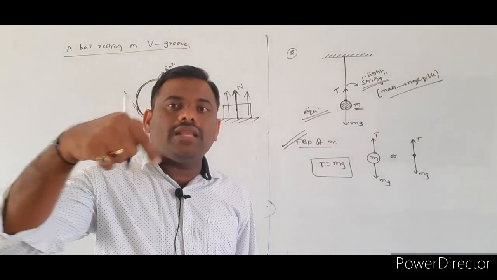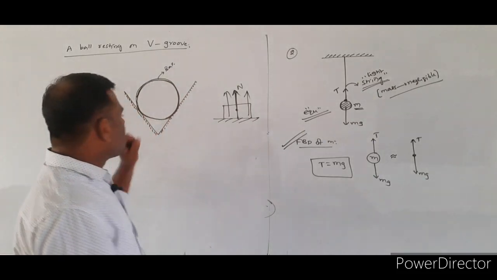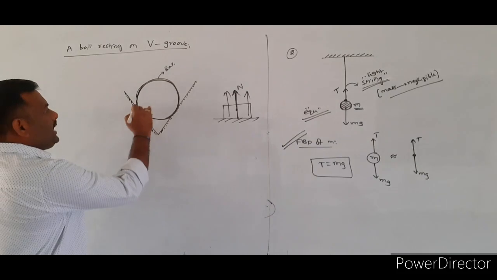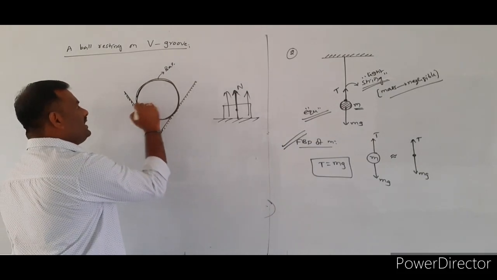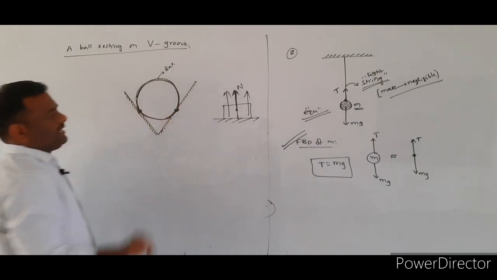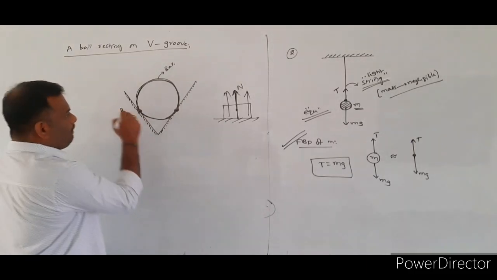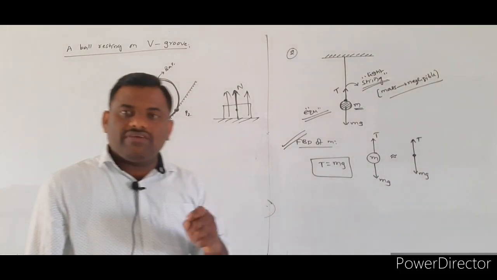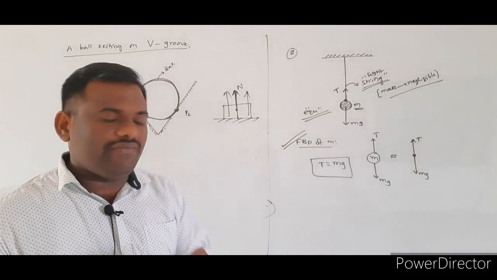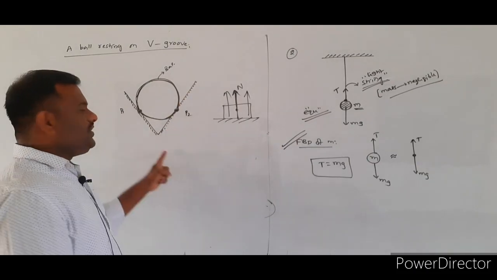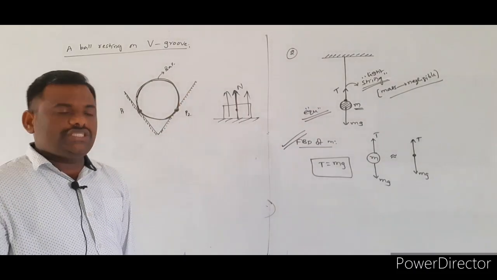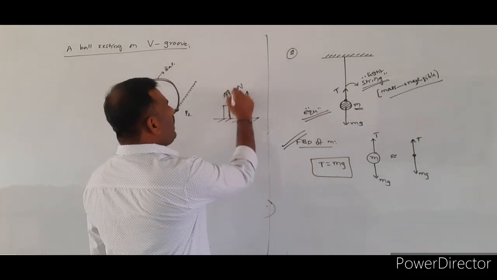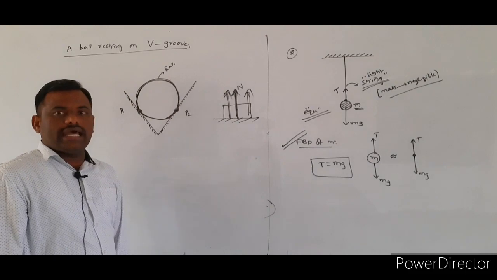Whenever the spherical ball is in contact with any surface, first you identify the point of contact. So here P1, P2 indicate the points of contact of the given ball with respect to the V-shaped groove. Now we already know that the normal reaction will be acting perpendicular to the surface of contact.